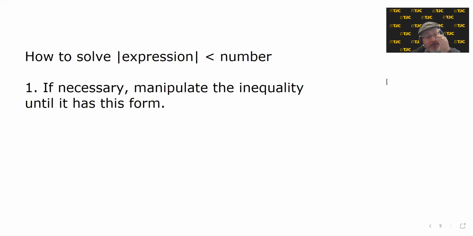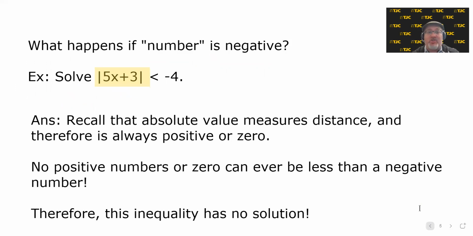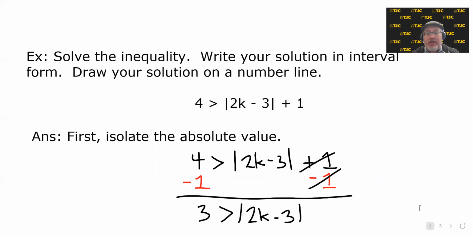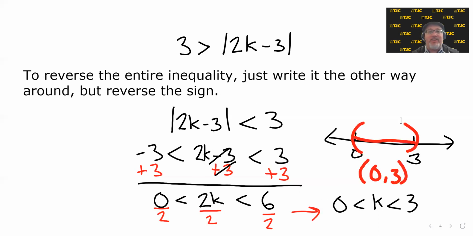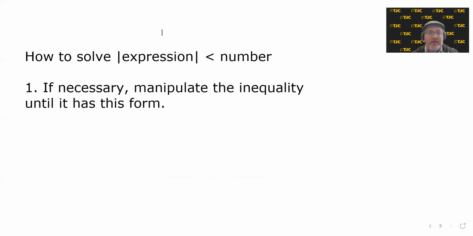Number one, the absolute value is isolated, and number two, it's on the left side of the inequality. Both of which we discussed here about isolating the absolute value and reversing the entire inequality, including the sign, to get it in the form absolute value of an expression is less than a number. Okay, so we're currently doing this.